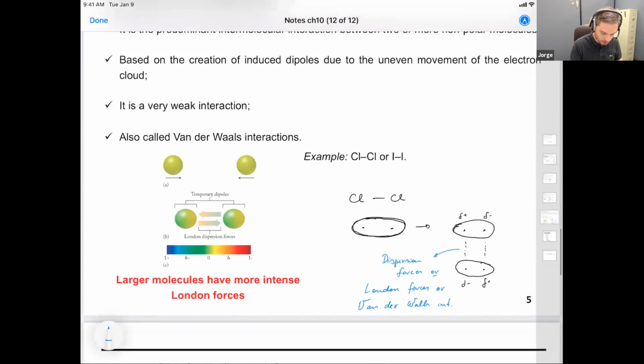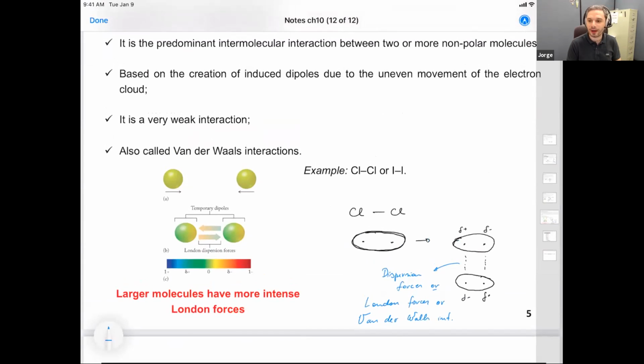Okay. So this kind of interaction is caused by the movement of the electron cloud that can create a very small dipole in a fraction of time, and that will allow the interaction between two non-polar molecules.